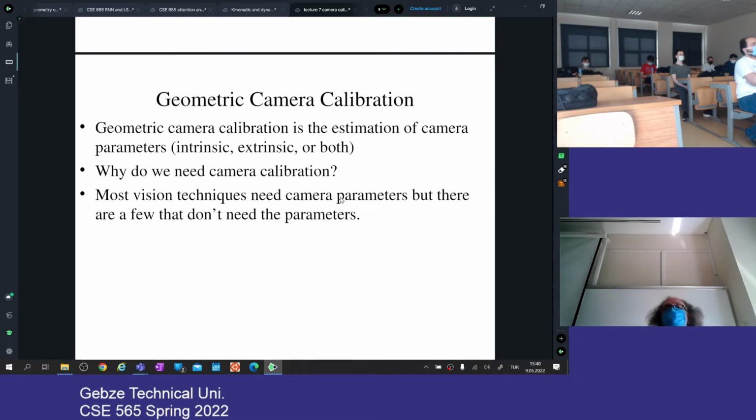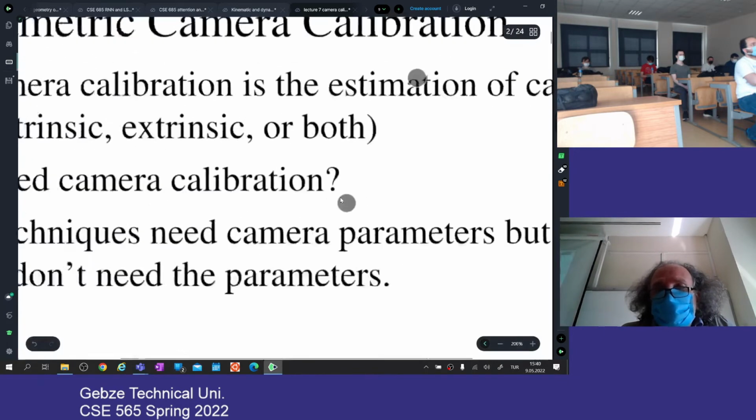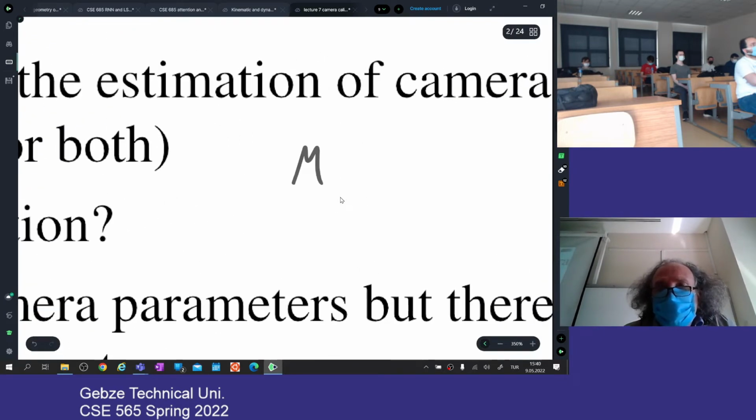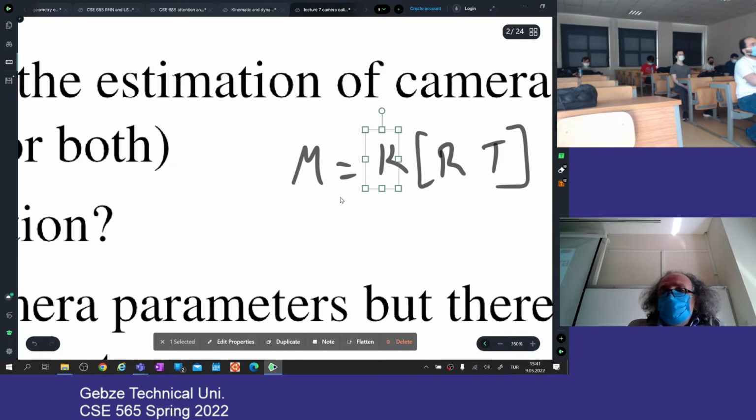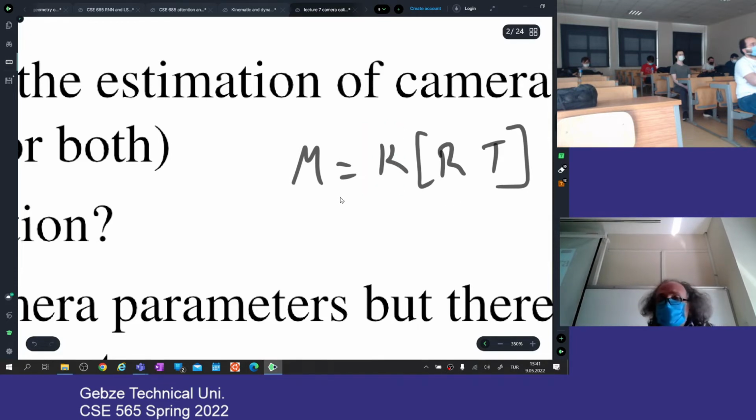If I know the intrinsic camera parameters, let me write it again. M is K R T. If I know K and I like to find R and T, that's again a camera calibration procedure. It's a simplified one, yet it's a camera calibration procedure, and that's a very valuable procedure.